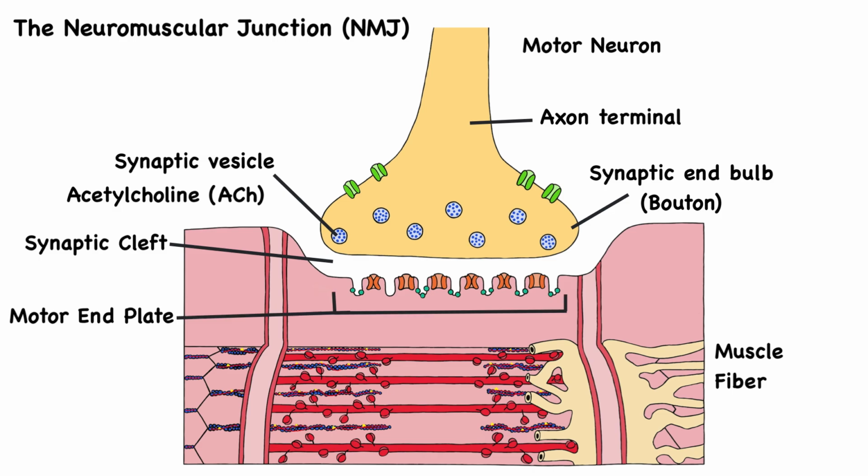The motor end plate is going to be that specialized region of the muscle cell's membrane that is packed with acetylcholine receptors. So the neuromuscular junction is the meeting place where the neuron will send its chemical signal, which is the neurotransmitter, specifically in this case acetylcholine, into the synaptic cleft to go towards the muscle.